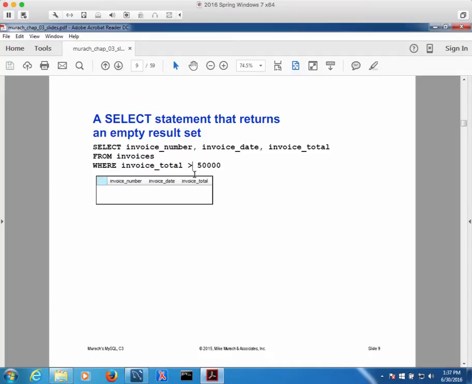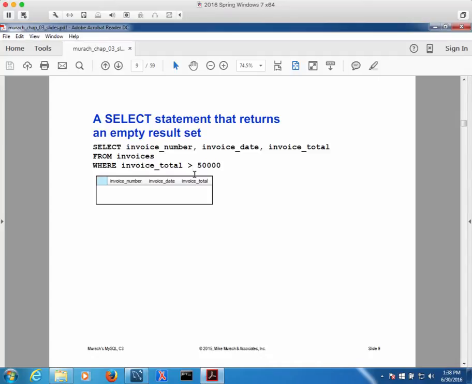It's possible, as in this select statement on slide 9, that what we asked for is so restrictive that no rows qualify. Okay? So it's not possible to ask for no columns.